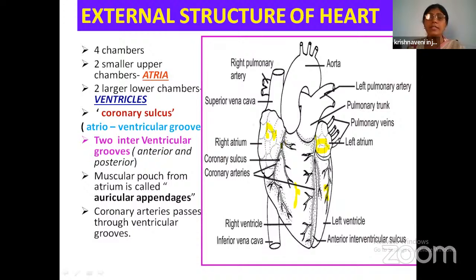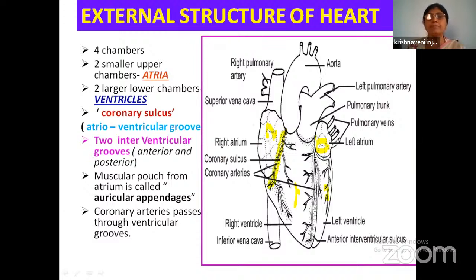See here, you can see the connections, or some separation is there. Not the connection, separation. We can say that the separation is there. Yes. The atrioventricular groove. Coronary sulcus. This is the coronary sulcus actually. This is atrioventricular groove.